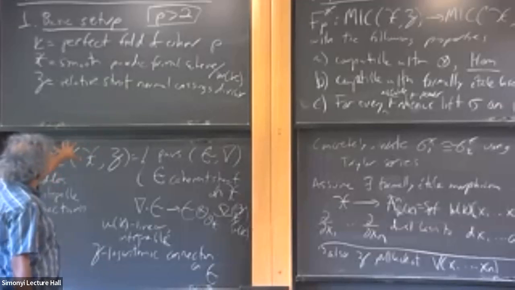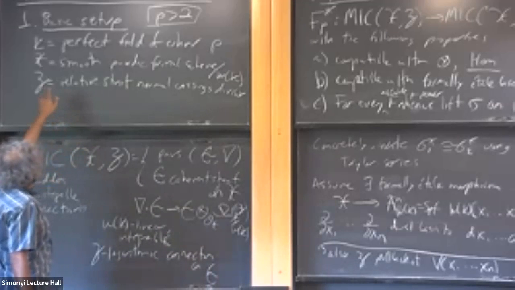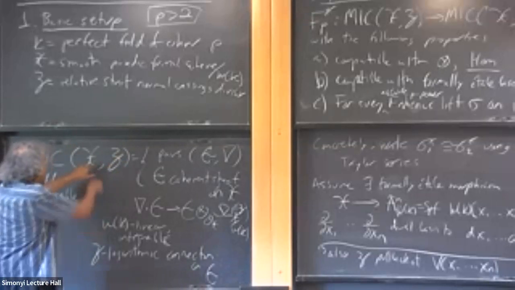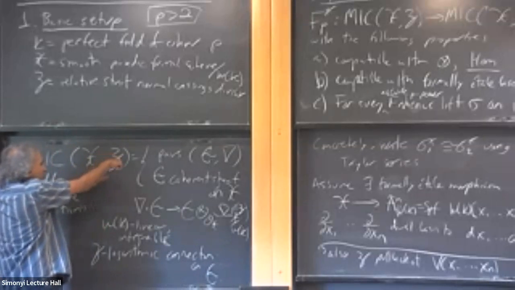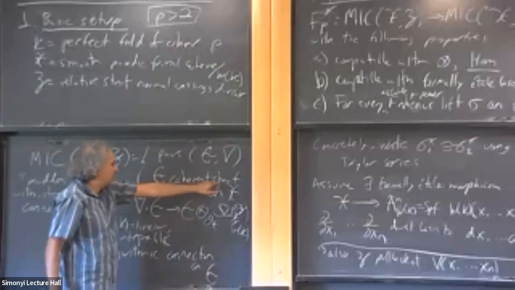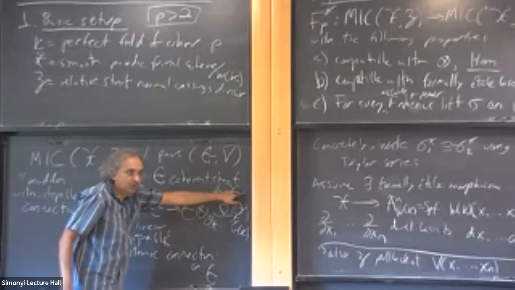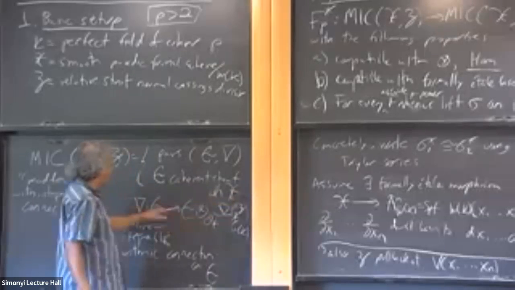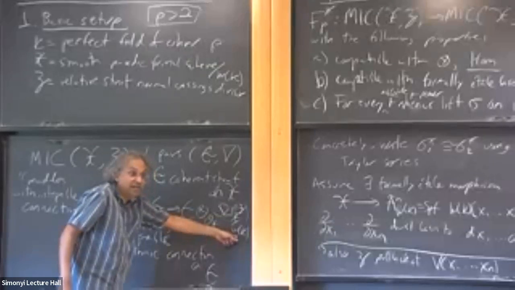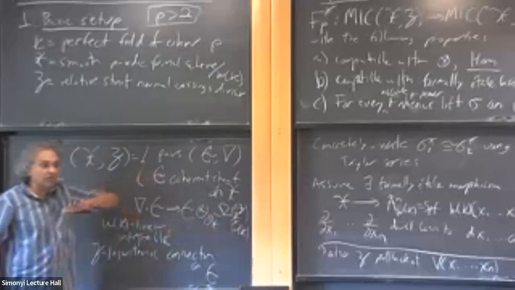So I'm going to base change, I'm going to multiply over Spf W_K with this space. Imagine I do X times over W_K with this base, Z times over W_K with this base. Now I'm going to take a coherent sheaf on X times over W_K with this base, and I'm still going to take the differentials relative to this base. So I'm not going to differentiate on the base.